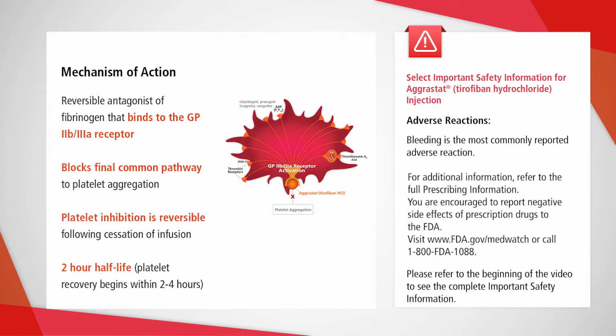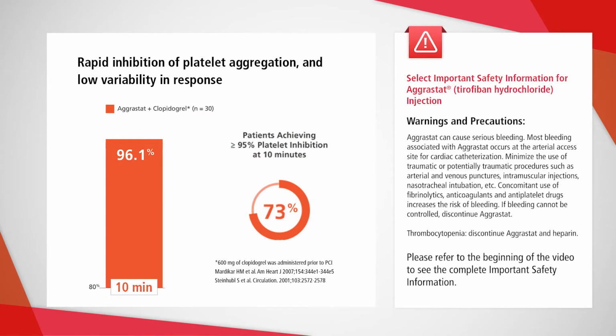It has a 2-hour half-life, and platelets return to normal function between 4 to 8 hours after you stop infusing. Aggrastat provides a very potent and rapid platelet aggregation inhibition and has a very consistent response across patient population.